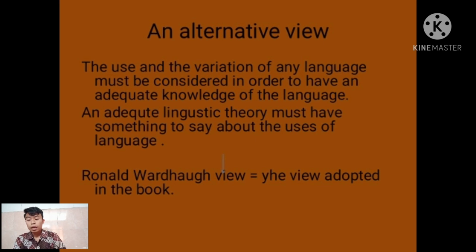An alternative view is that the use and variation of any language must be considered in order to have an adequate knowledge of the language. An adequate language theory must have something to say about the uses of language.